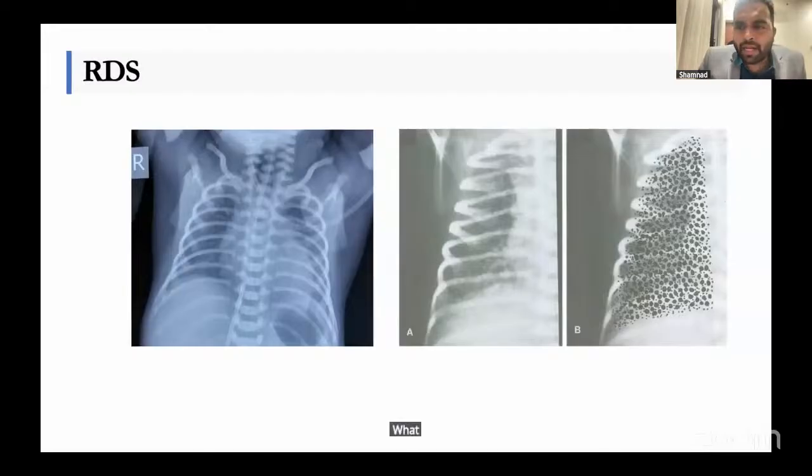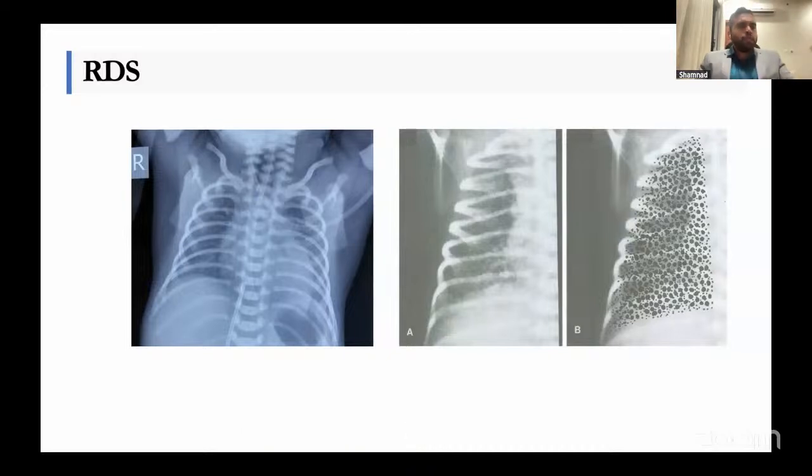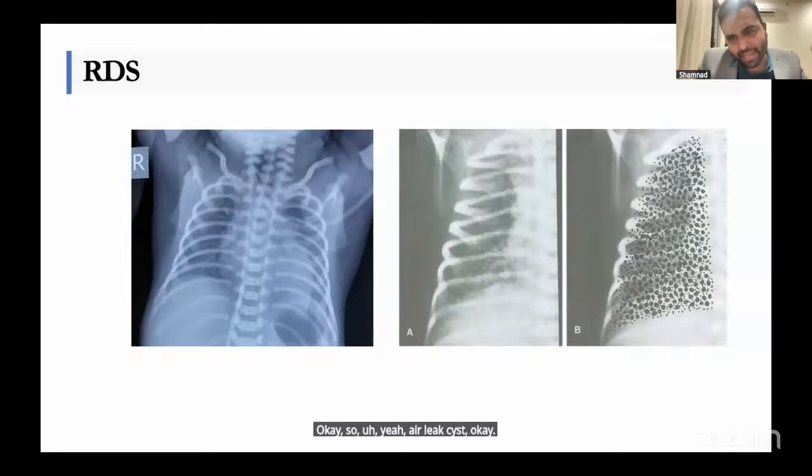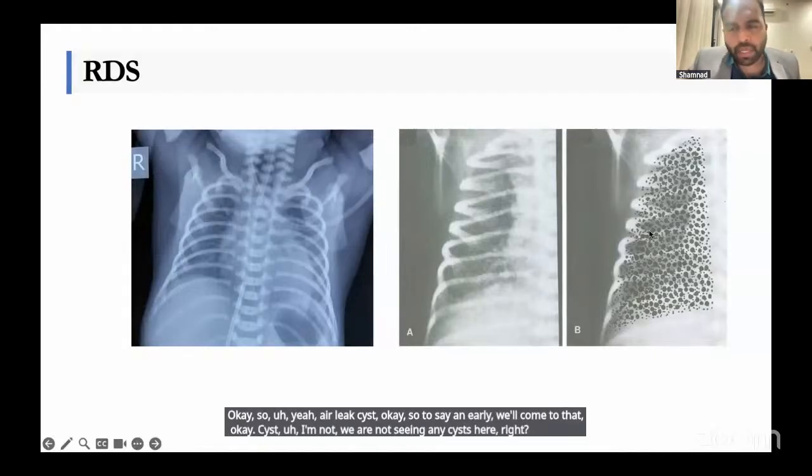What are these small black things which are being shown? Okay. So, yeah, air leak, cyst. Okay, to say an air leak, we'll come to that. Cyst, we are not seeing any cyst here, right? A small cyst. Okay, agree.